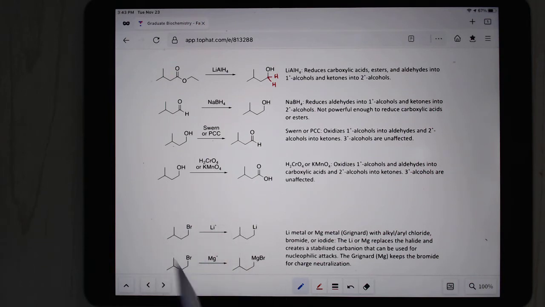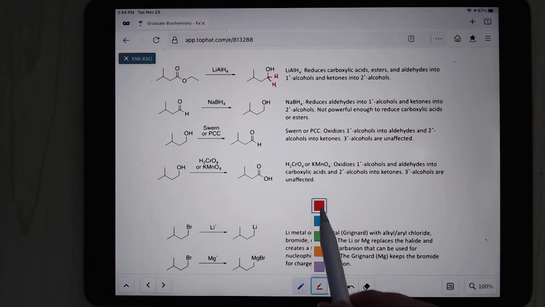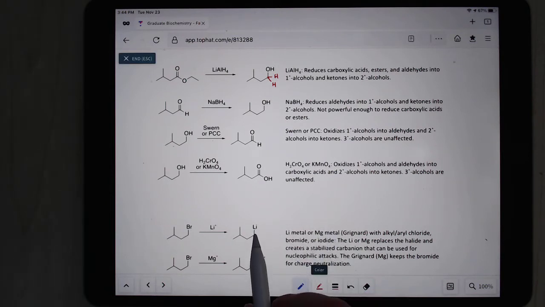Now down here to make carbon nucleophiles, right, we can take the bromide and mix it with either the lithium to make the organolithium here, or the magnesium to make the Grignard here, something like that. So the reason why this is Li and this is MgBr is if you look at the charges, because this carbon here essentially has a lone pair with a negative charge.